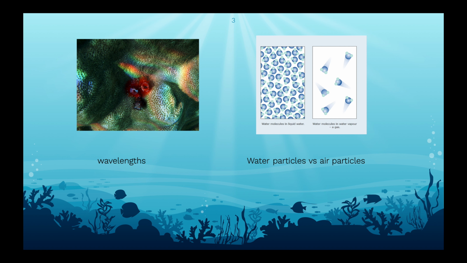Now, another factor is that the water particles cause light to distort, which causes the images to be very blurry. This affects images taken underwater more because water molecules are liquid molecules and they clump closer together than air particles.